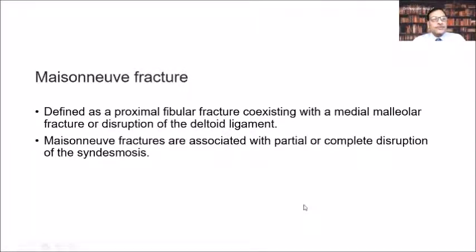There is a Maisonneuve fracture that we just saw a few slides ago. It is defined as a proximal fibular fracture coexisting with a medial malleolar fracture or disruption of the deltoid ligament. When we find the Maisonneuve fracture, we know that it is associated with partial or complete disruption of the whole tibiofibular syndesmosis.